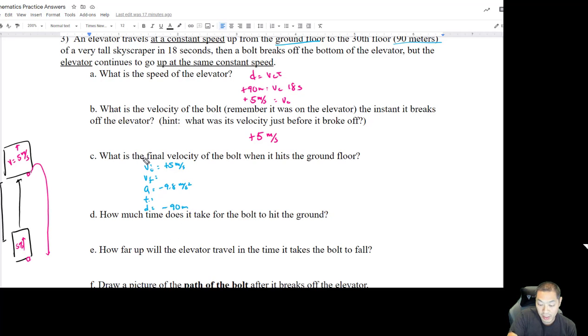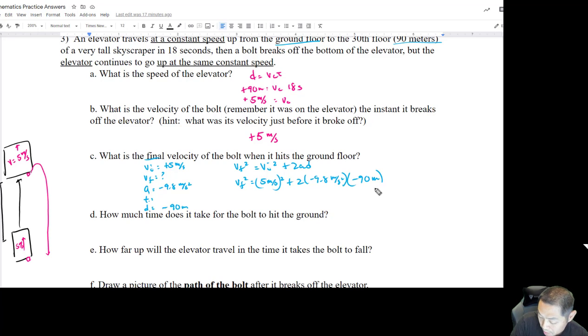We want to find the final velocity, so we're going to use the equation without t: vf squared equals vi squared plus 2ad. Plug in everything you know: 5 meters per second squared, plus 2 times negative 9.8 meters per second squared times the displacement of negative 90 meters.